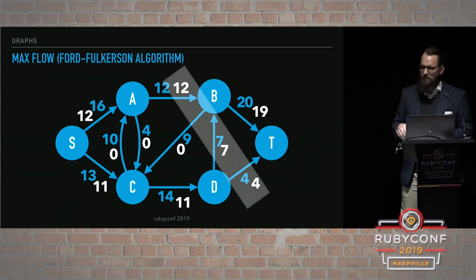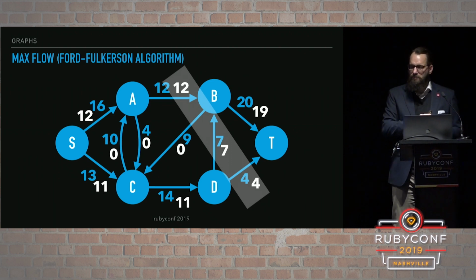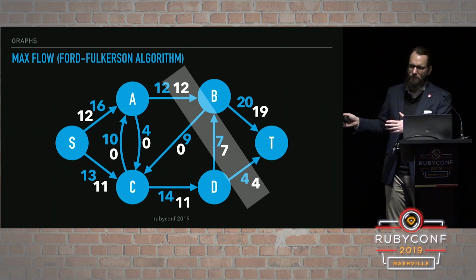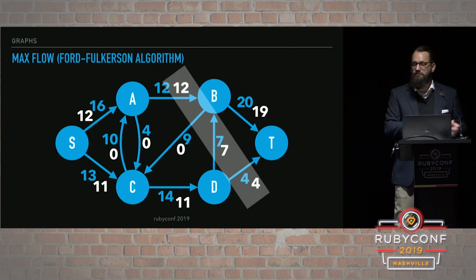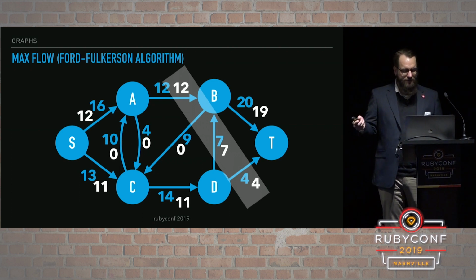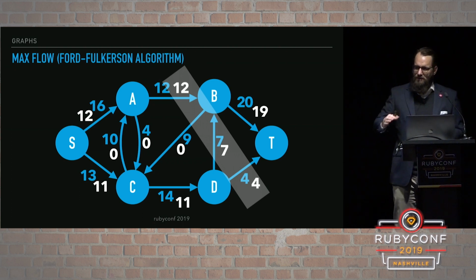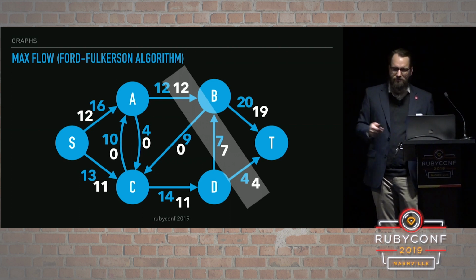That cut is saturating all of the arrows that are going from the left side of the graph to the right side of the graph. We're not saturating the 9 that's going left, but that's going in the opposite direction of the overall flow, so we don't consider that. But we can see here that that is the cut that has the minimum weight, and that is therefore the maximum flow. It's the bottleneck point.